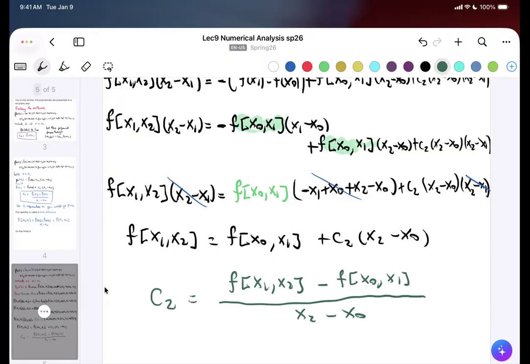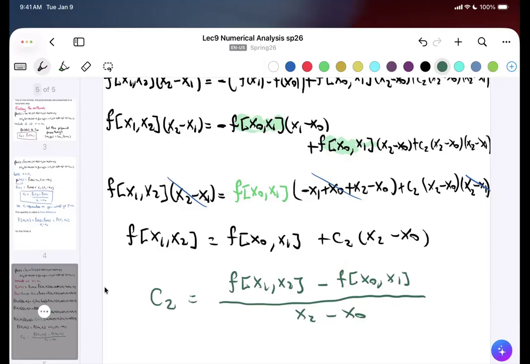So it's kind of like a divided difference of a divided difference, right? It's kind of like a difference of differences, which is very nice. So it's a higher order divided difference, and this is called f of x0 comma x1 comma x2.